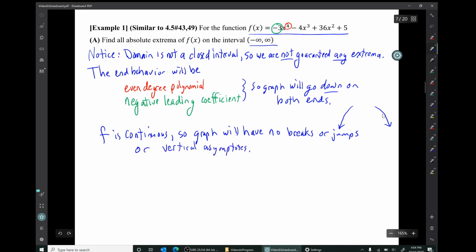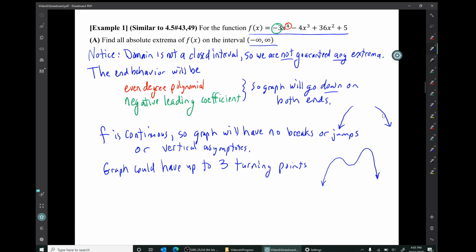It'll just have some wiggles, and we can see that since it's a fourth degree polynomial, it could have as many as 3 turning points. So we can see that the graph can have a shape like this. So we can see that there will be no absolute min, but there will be an absolute max, for sure.